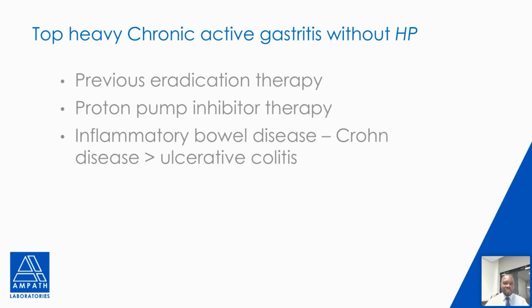Top-heavy chronic active gastritis. When we see top-heavy chronic active gastritis, however, we are not finding Helicobacter pylori organisms after having done the special stains, which can be either a Warthin-Starr stain, a Giemsa stain, or a modified toluidine blue stain. And we also proceed and do the Helicobacter pylori immunoperoxidase stain, and we still don't find microorganisms or the bacteria. Then what could be the other possibilities to explain the presence of chronic active gastritis?